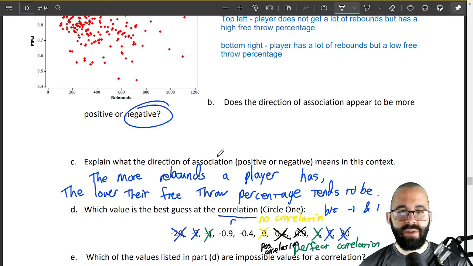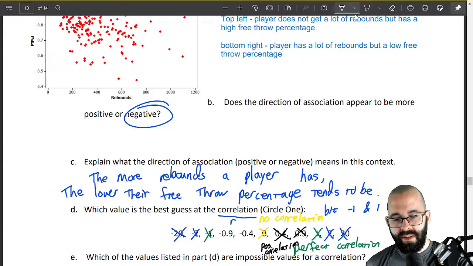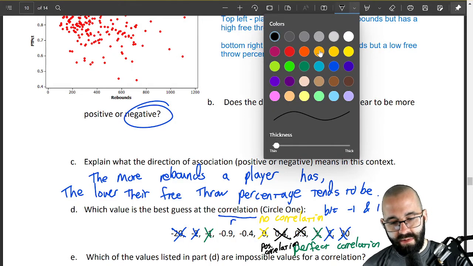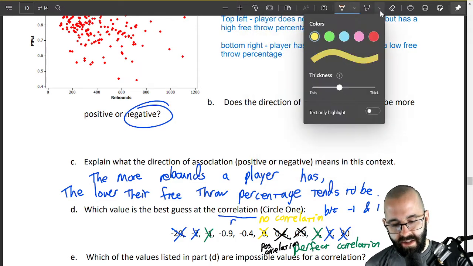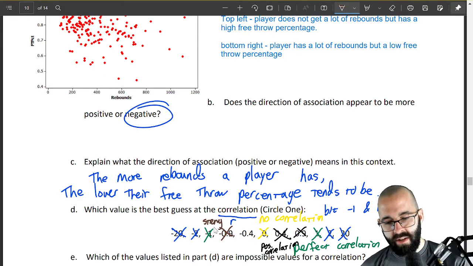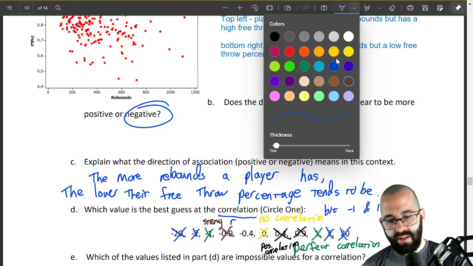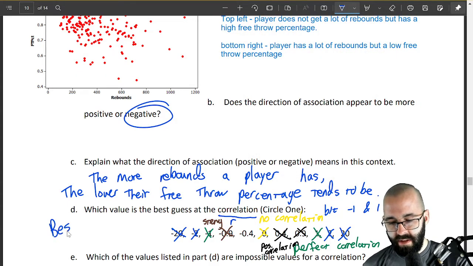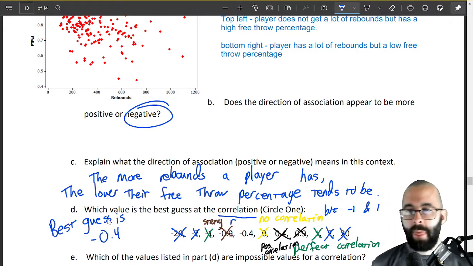I think this correlation's weak. So we're going to say that it's not 0.9 either, because this is only for strong. So our best guess out of these options is -0.4.